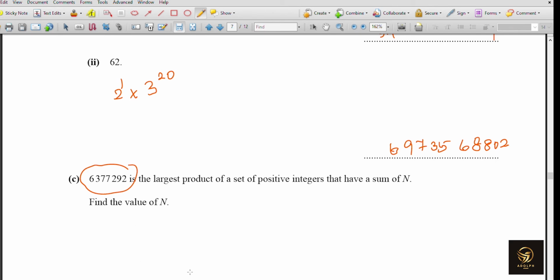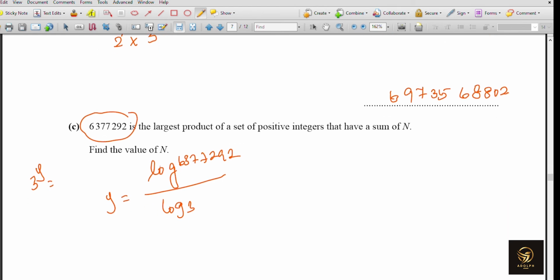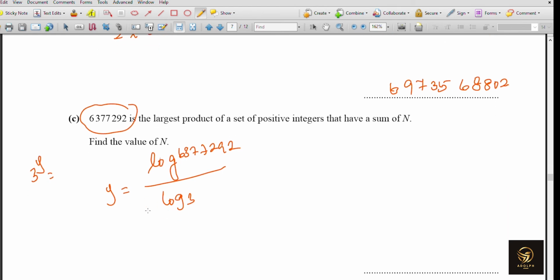Since we have to find out what 3 power y is, if we have to find the power, then we know that we have to use the log value. So log 6377292 divided by log 3 you can do for y. You won't get the proper answer, because not only 3 is there, 2 is also included. So what are we going to do here?